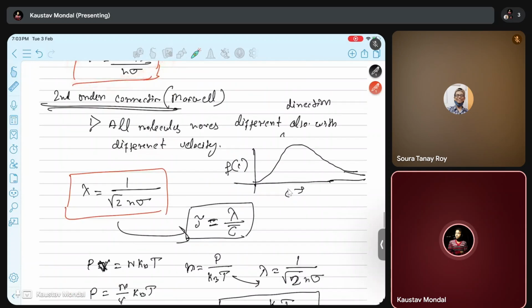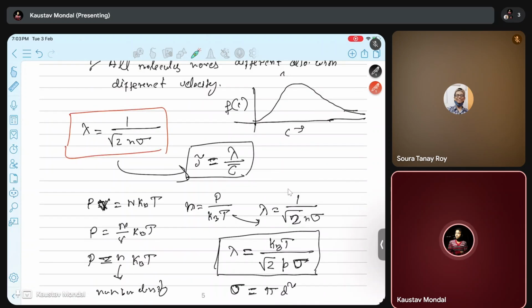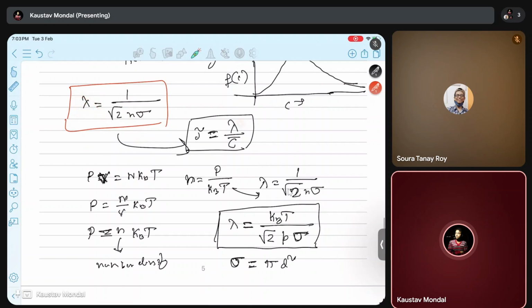For the second order correction, apart from different directions, we also considered that the molecules move with different speeds, ranging over the velocity distribution of the Maxwell curve. After doing that, we got this expression of lambda, which is basically 1 by root 2 n sigma. So if you know the gas density and sigma, you can calculate lambda, and from that you can also calculate tau.